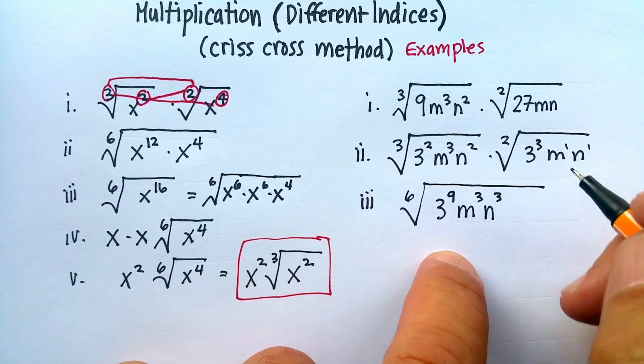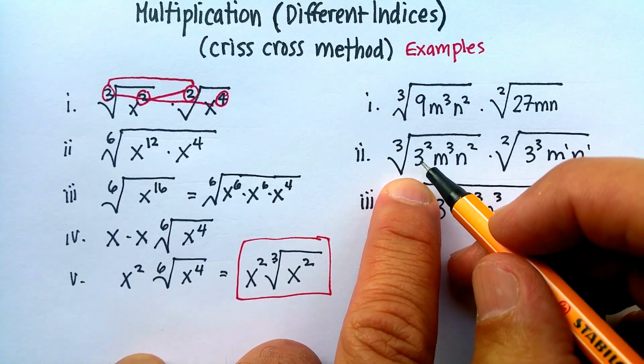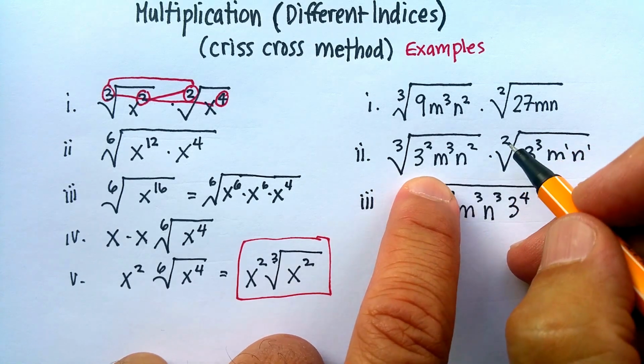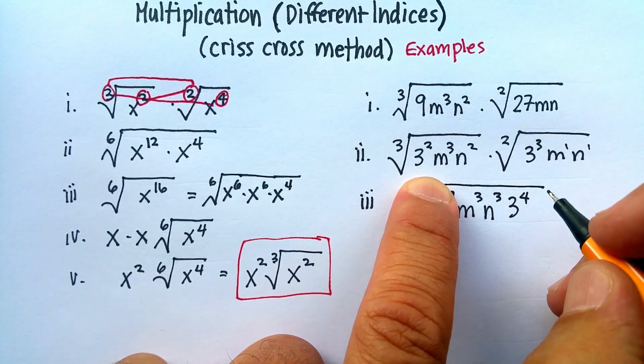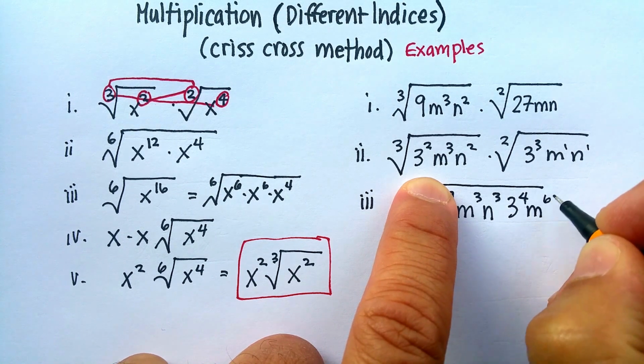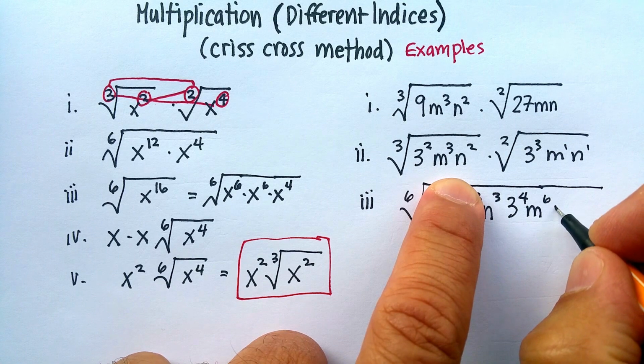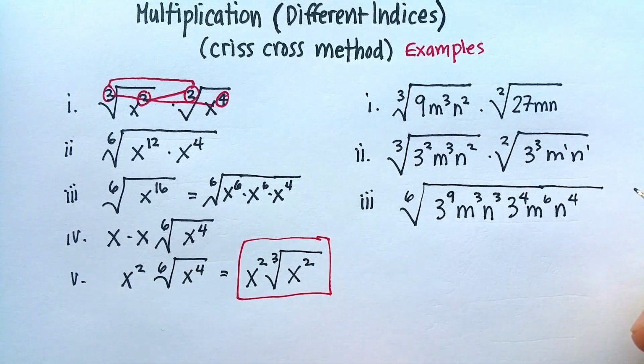Now do the opposite. It's going to be 2 times 3 squared, 3 to the 4th, 2 times m to the 3rd, which is m to the 6th, and then 2 times n squared, or n to the 4th.